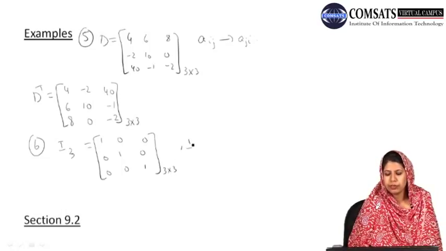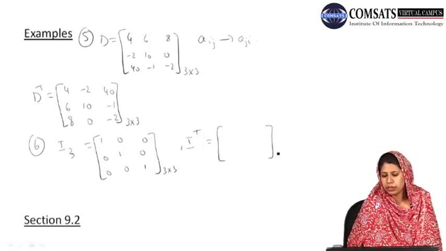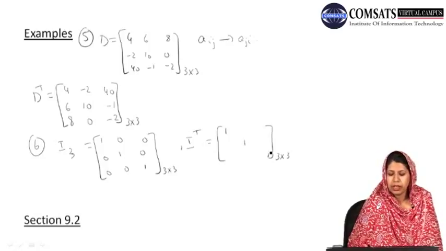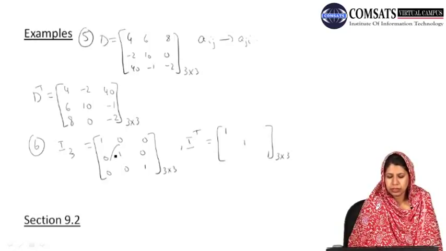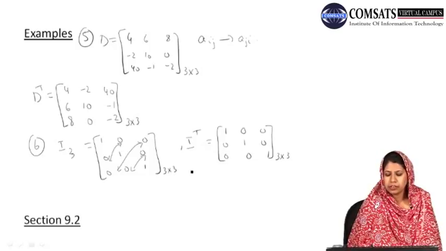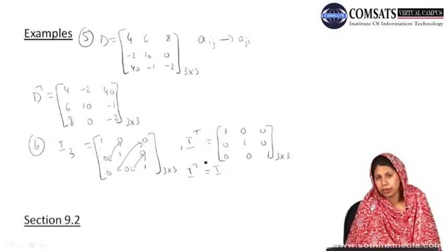The transpose of this matrix will again be a square matrix of the same order, 3 by 3, and we have observed that the diagonal entries stay as they are and the other entries will interchange, means this will interchange with this one, this will interchange with this one, and this entry will interchange with this one. Since all other entries are 0, the transpose of the identity matrix is the same matrix and of the same order.